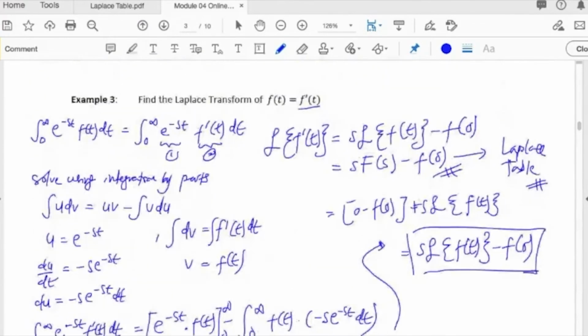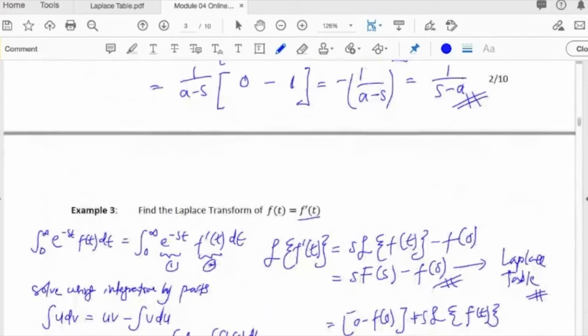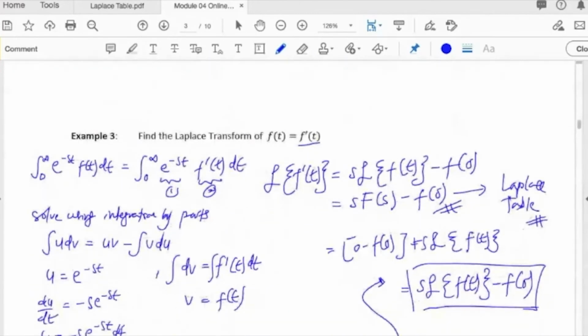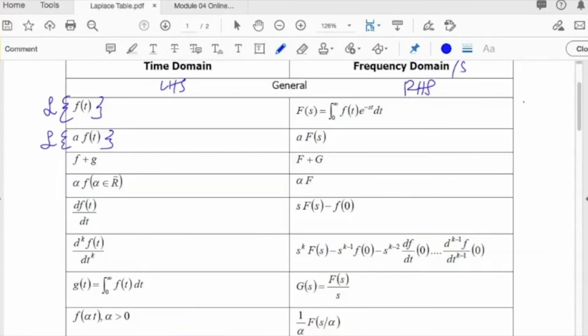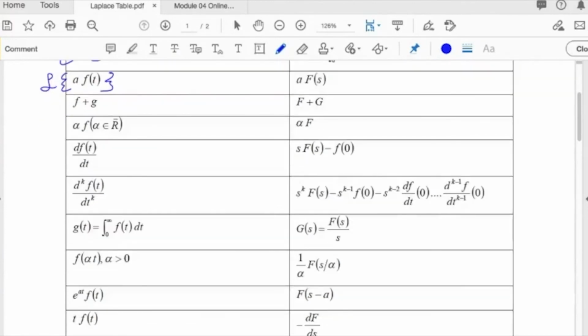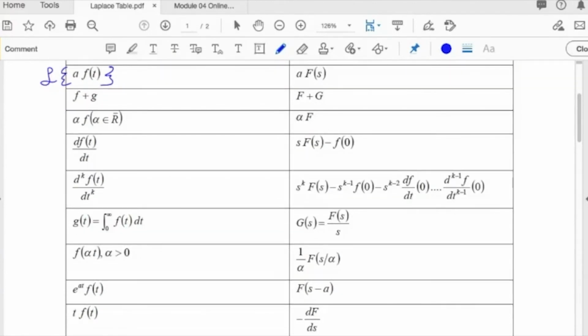For instance, like example 3, if we have f prime t and we apply the Laplace transform, we can see in our Laplace table f prime t, which is this one.